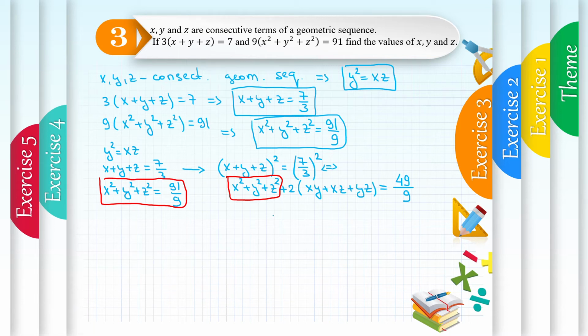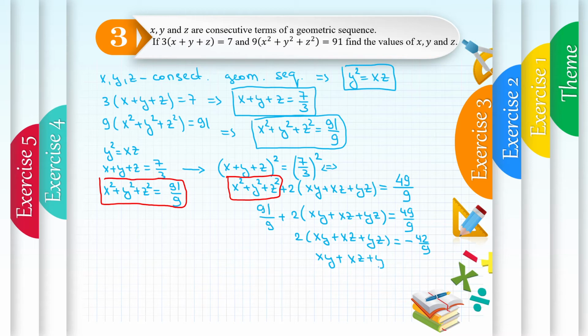So we will get the following equation: 91 over 9 plus 2 times (xy plus xz plus yz) is equal to 49 over 9, or 2 times (xy plus xz plus yz) is equal to minus 42 over 9, or xy plus xz plus yz, if we divide both sides by 2, is equal to minus 21 over 9, which in fact is minus 7 over 3.